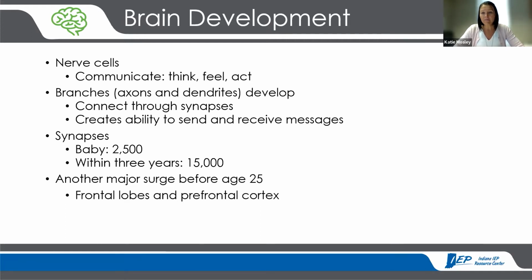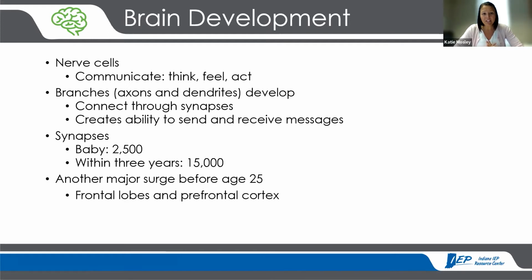So if those first 3 years are stressful for a child, then they may not develop all of those synapses, which means they're not going to get all of that nerve cell development, which means their body and their mind isn't going to be communicating very well. And I know I said that very simply, and it is not a simple process at all.